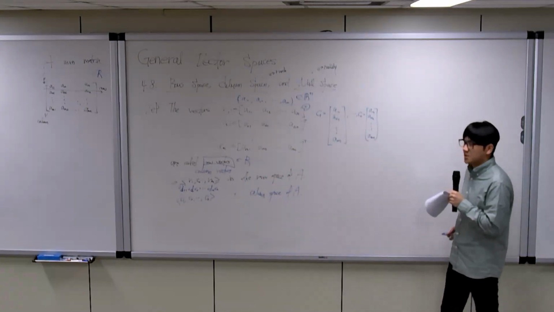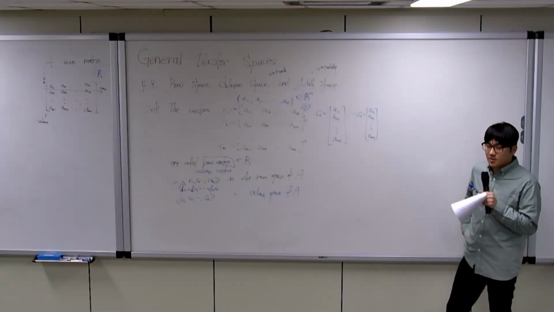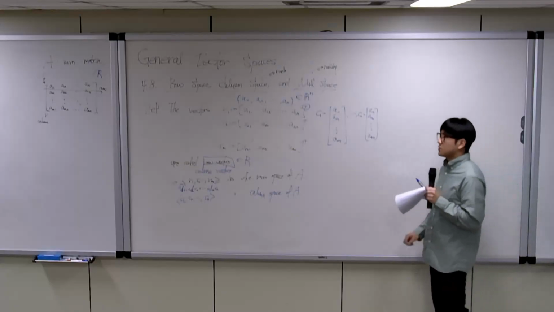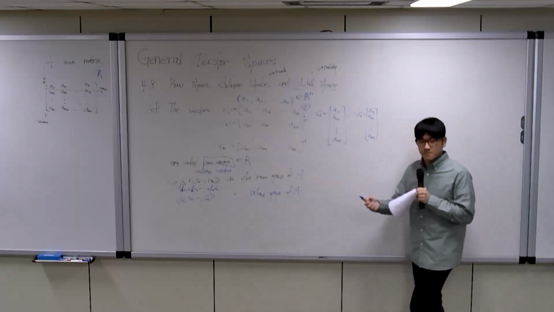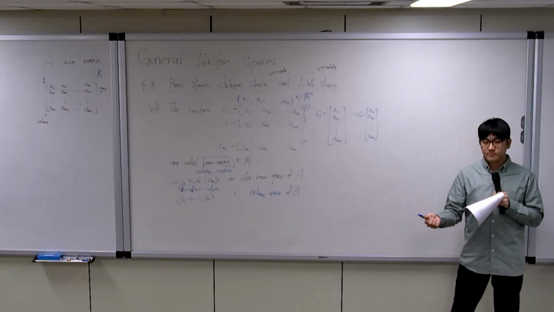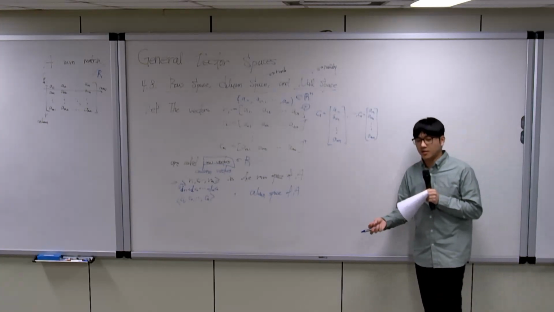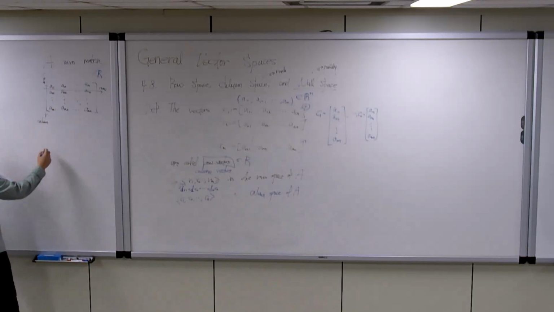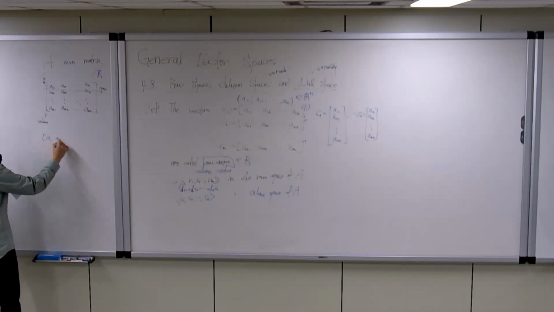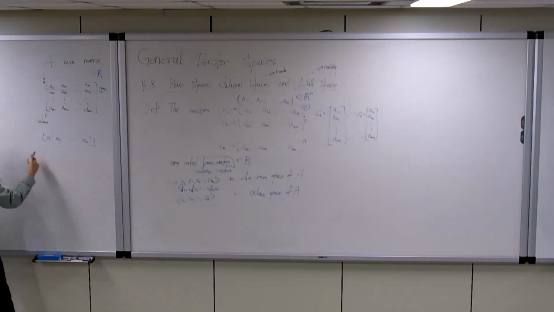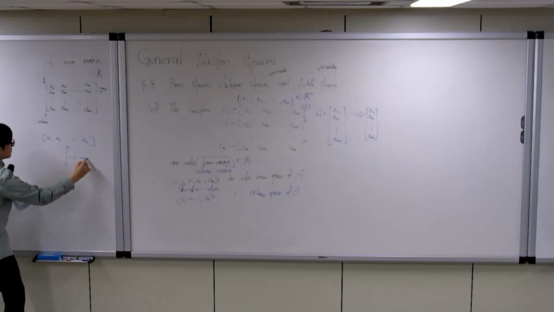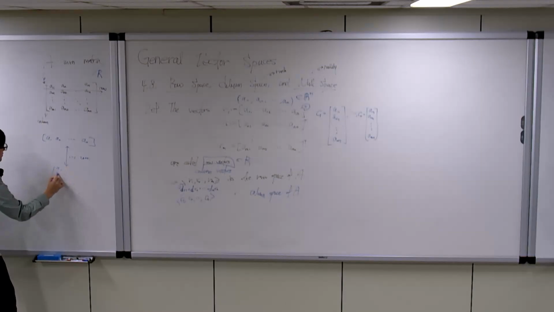Yes, we can consider it in a vector space because we have a natural correspondence: A1, A2, through An as row vectors have a one-to-one correspondence to column vectors.